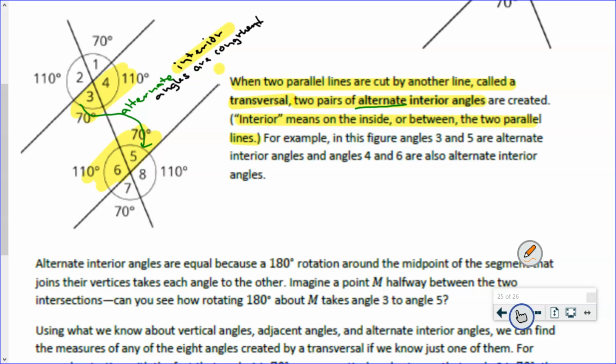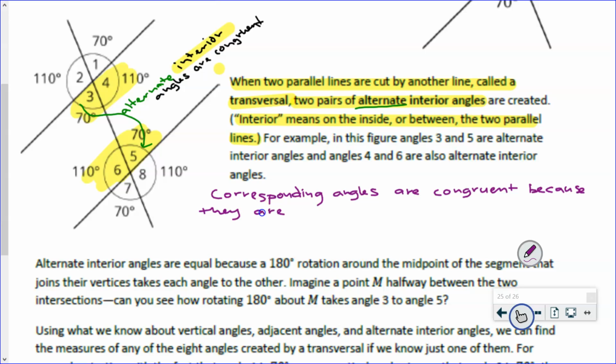I do want to add something that we observed yesterday that is not included in our summary, and that is about corresponding angles. Again, we needed our practice with that according to our warm-up. That's something that we forgot. So we're writing it down here: corresponding angles are congruent because they are the same lines/angles after a rigid transformation.